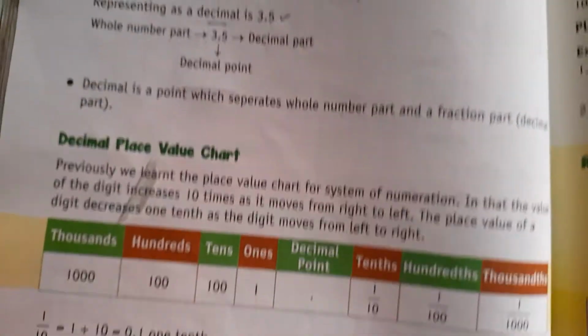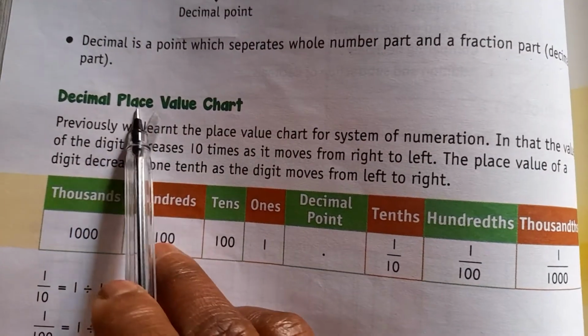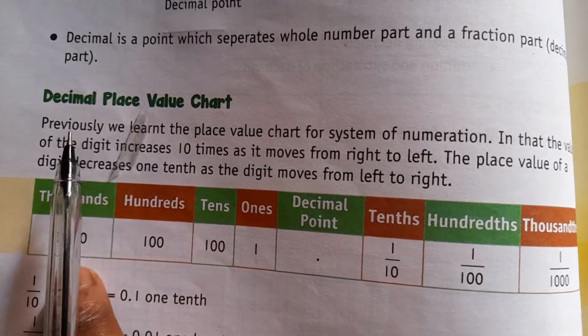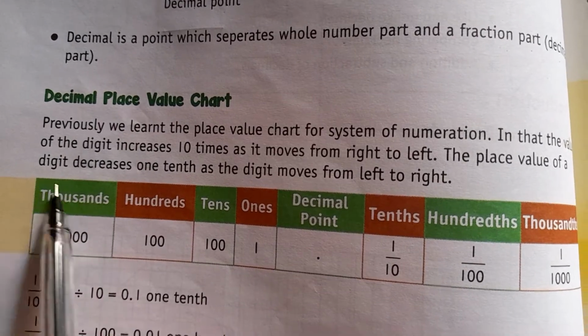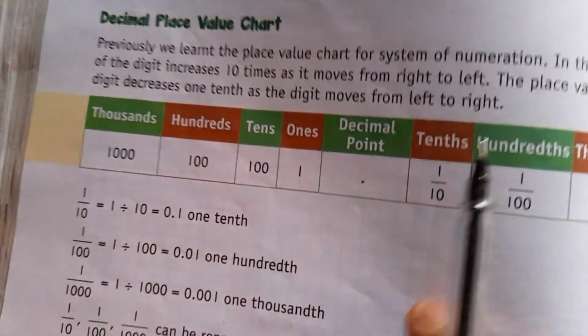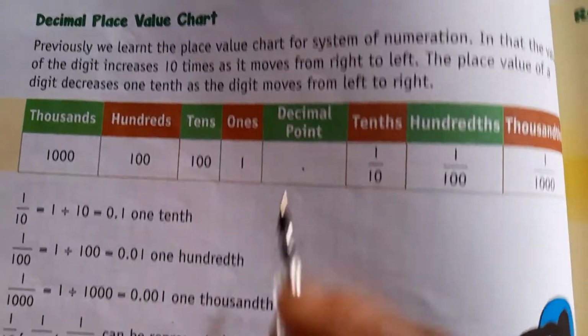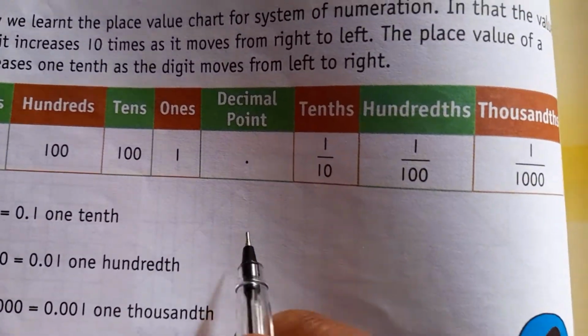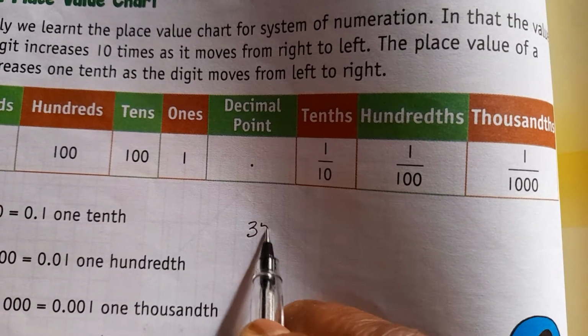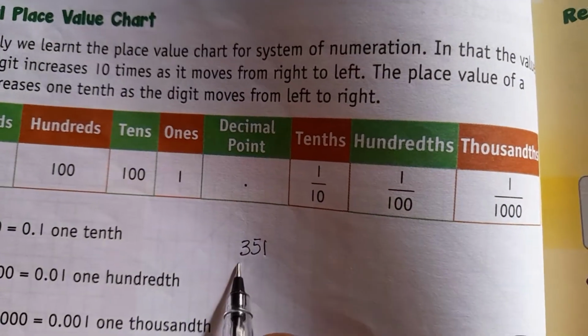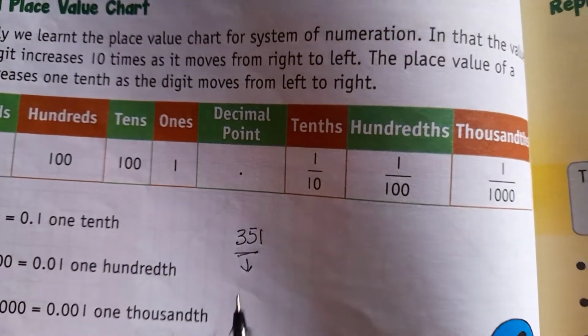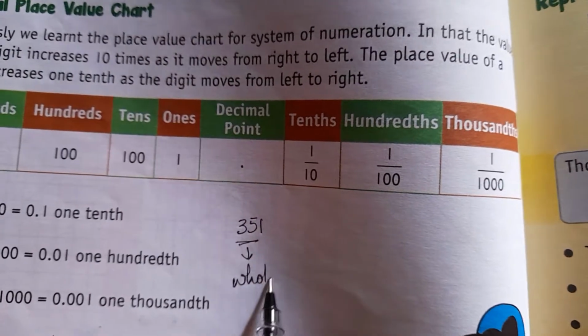Okay, now we are going to see the decimal place value chart. In this children, I want to explain to you very clearly. Whatever numbers we write, suppose we are writing 351, it is the whole number.